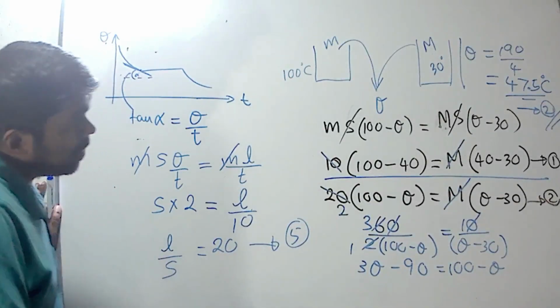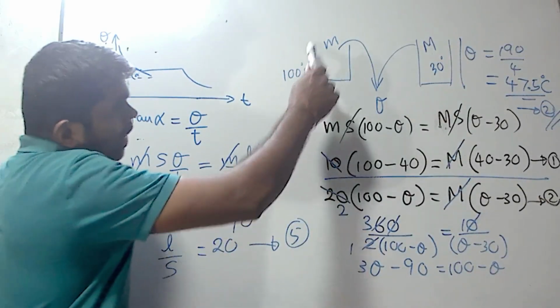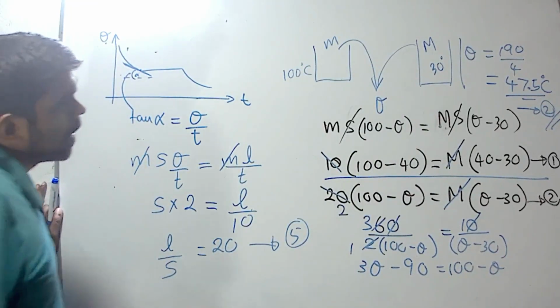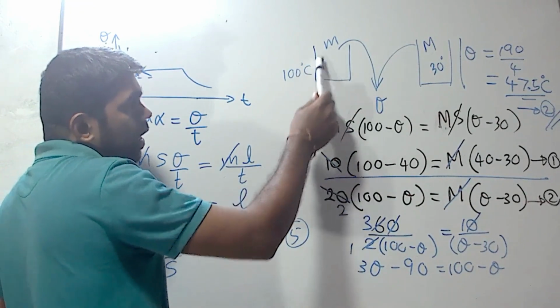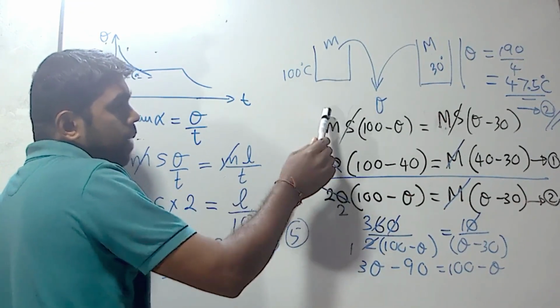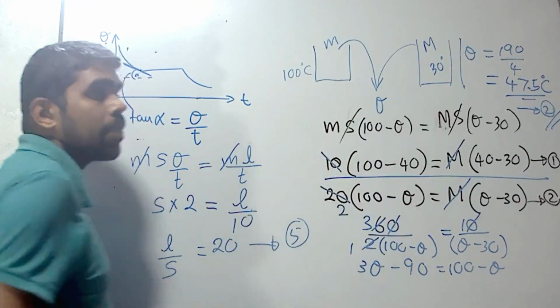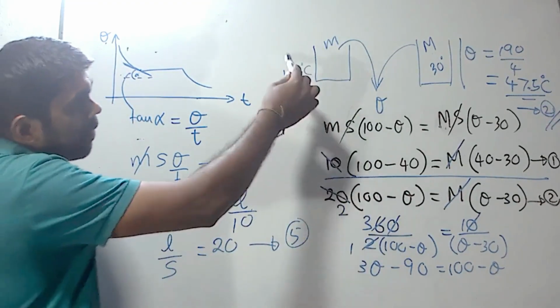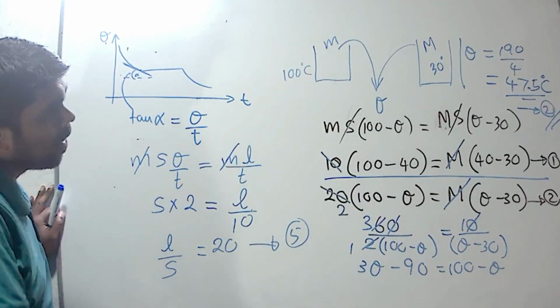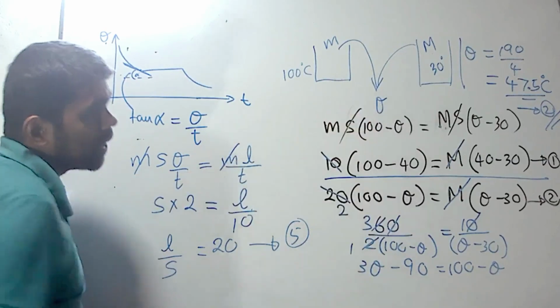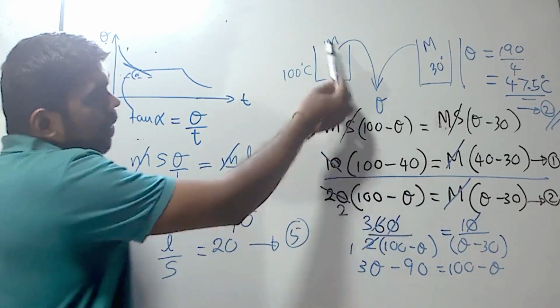Then for this question, there is a mixture of water. The heat loss of this system is mass into specific heat capacity into 100 minus theta, the temperature difference. When getting the temperature difference, we have to consider the high temperature is this one and the low temperature should be theta, because this system is cooling.